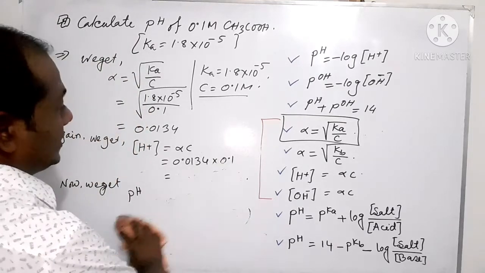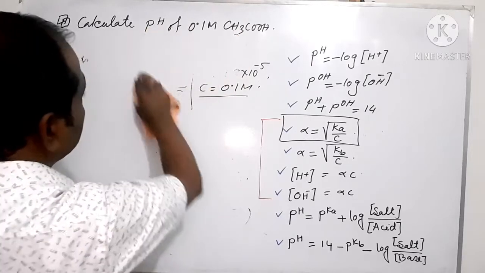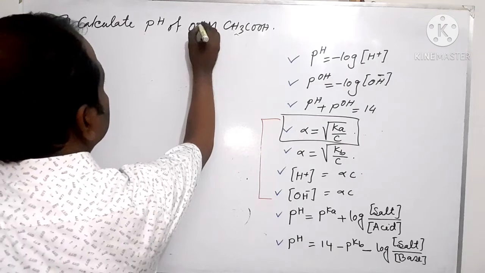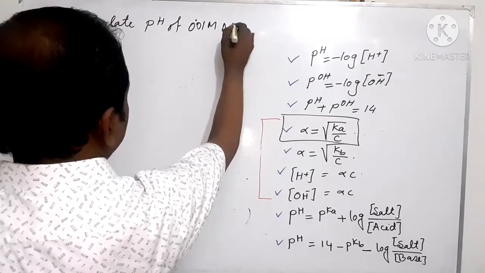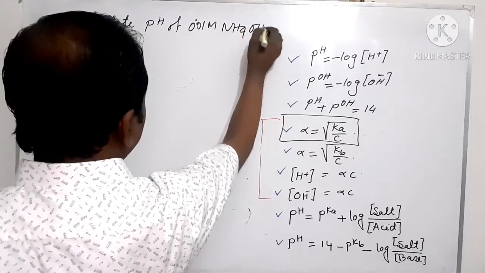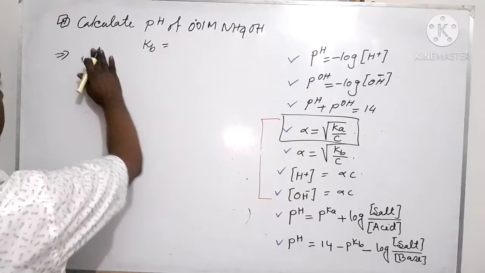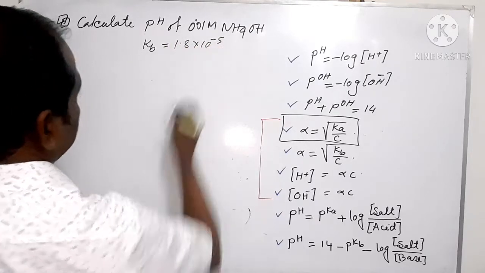Now we calculate the pH of 0.01 molar ammonium hydroxide NH4OH, and here the given value of Kb is 1.8 into 10 to the power minus 5.